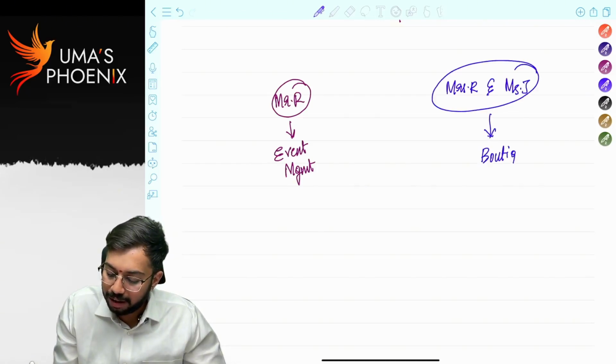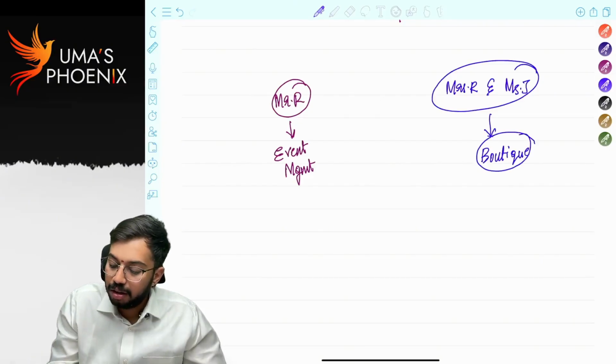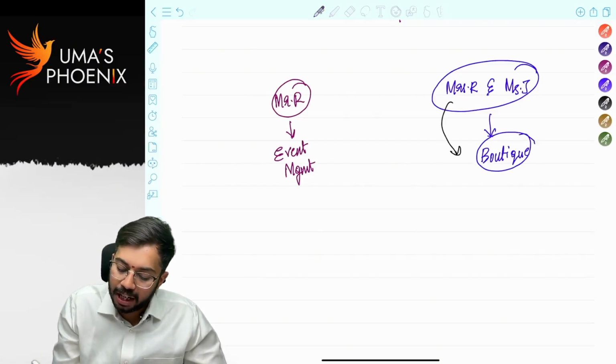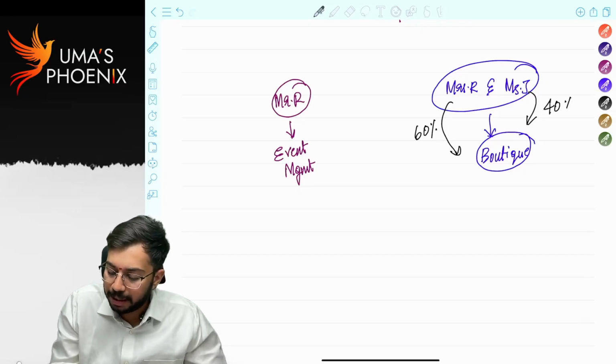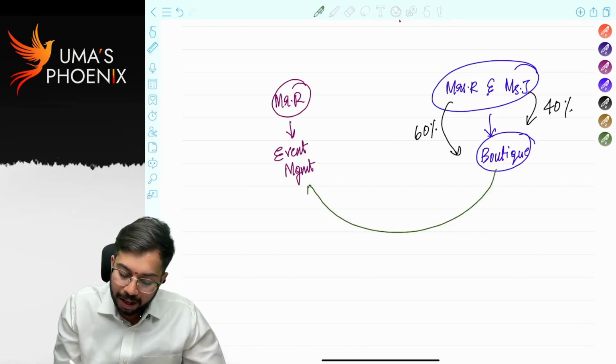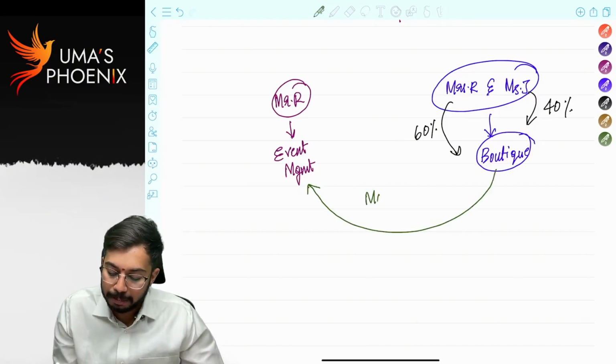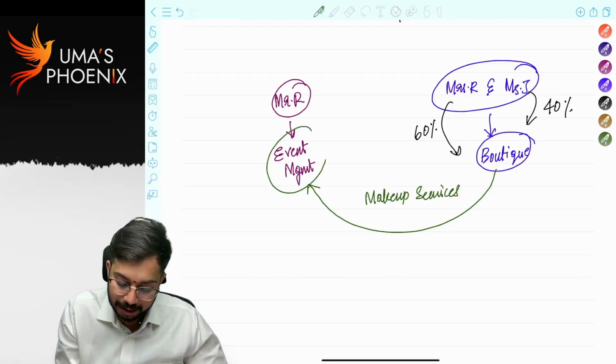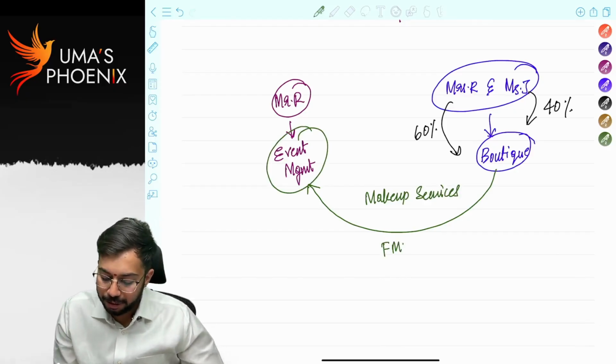You know boutique, right? Mrs. R's share is 60%, Miss J's share is 40%. Now the boutique provided makeup services to Mr. R's event management business. Fair market value is 80,000. Actual payment made is 1.3 lakhs.